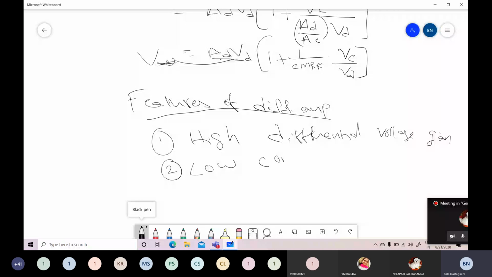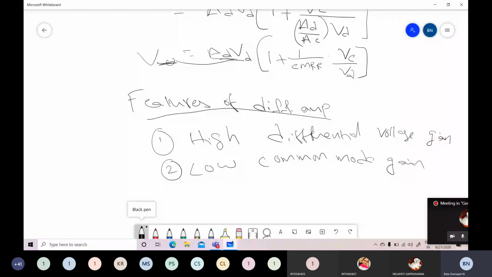Why? Because once again I repeat, if you take a differential amplifier, V naught is directly proportional to V1 minus V2. So whatever inputs you give to the differential amplifier, the output will vary. The problem arises only when V1 is equal to V2, and also when you use these differential amplifiers in real-time scenarios.